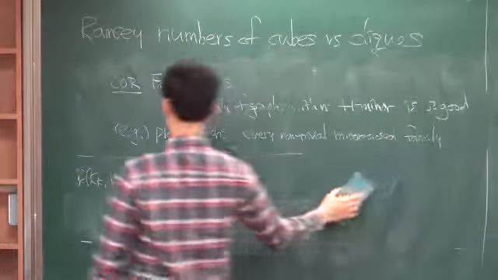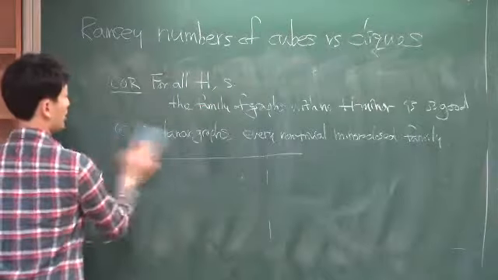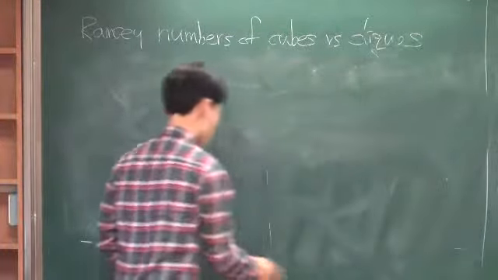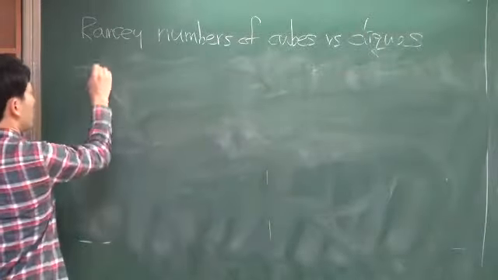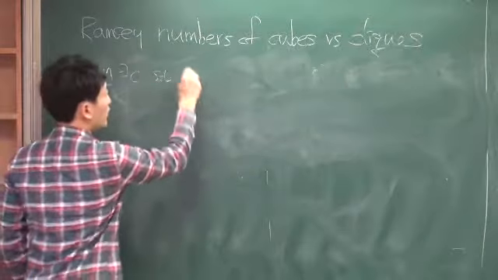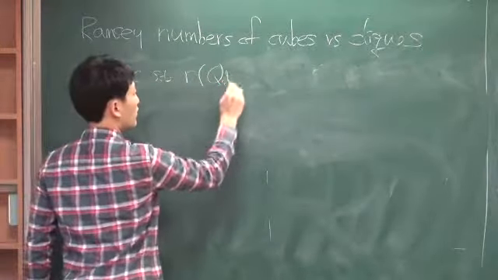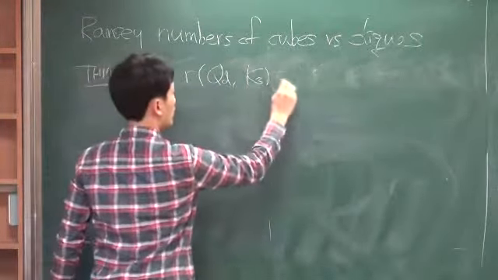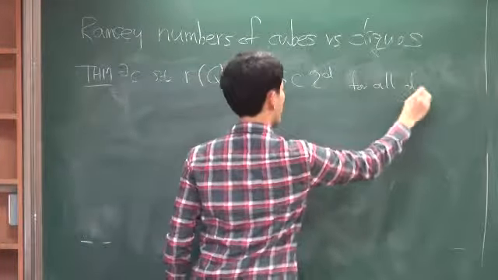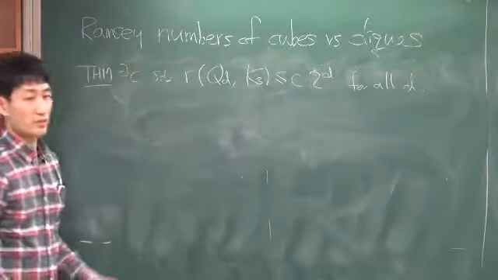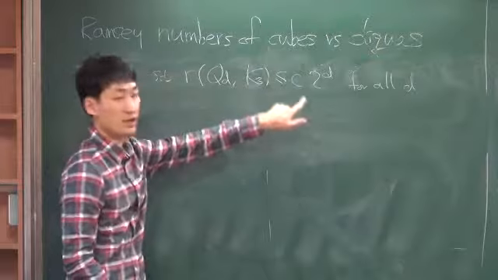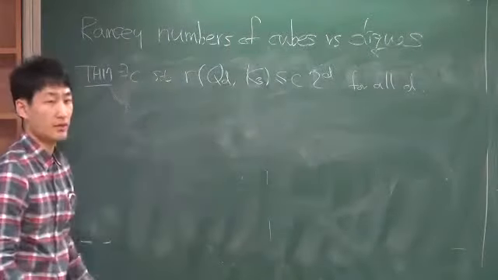I'll just erase this. That is the theorem we want to prove. The Ramsey number of the hypercube against a triangle is at most some constant times the number of vertices of the hypercube.